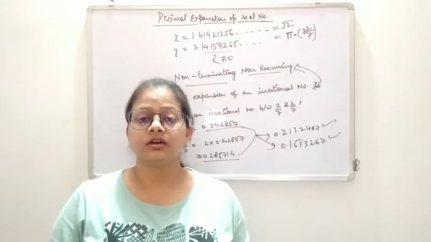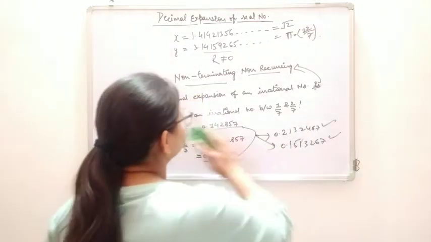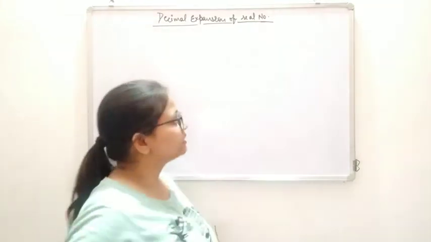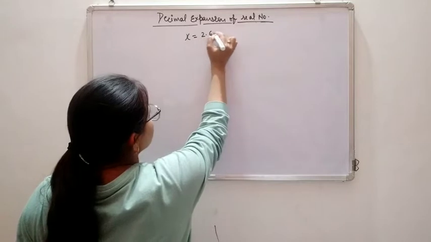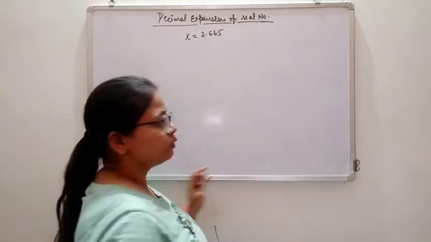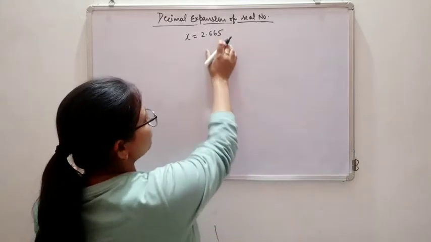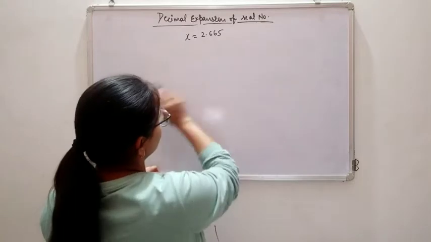Clear? Now let's learn how to show decimal numbers on the number line. Okay, so let's suppose that there is a number like 2.665, right? And you have to show this on the number line. So this is somewhere between 2 and 3. It's more than 2 and less than 3, right?